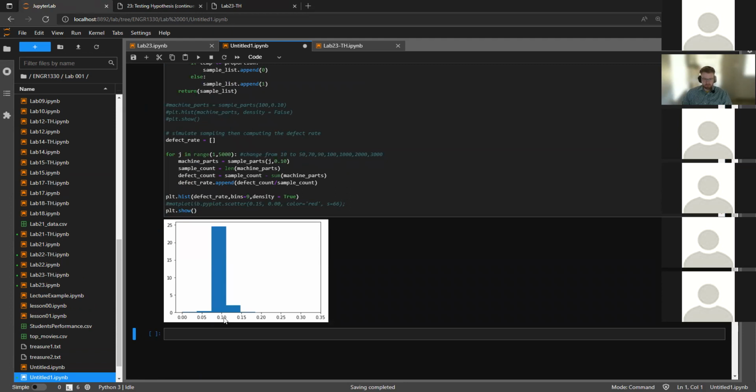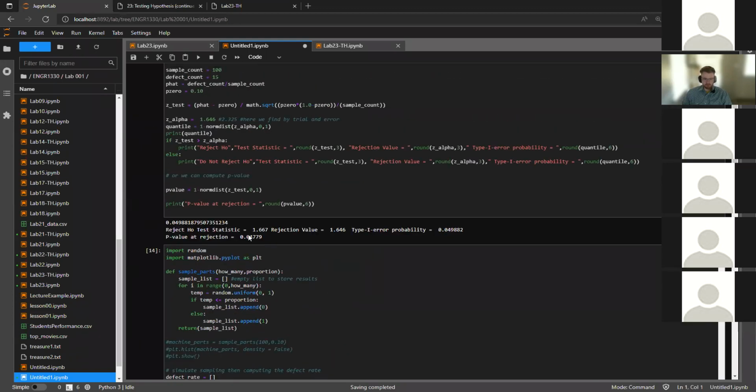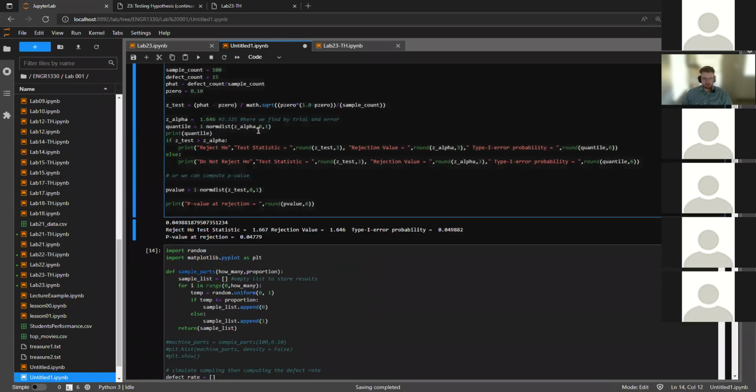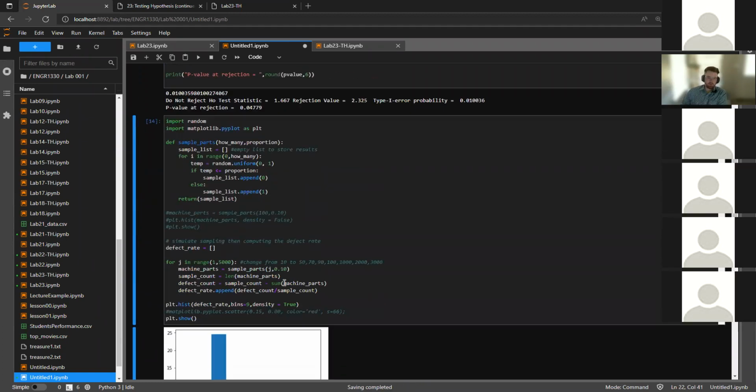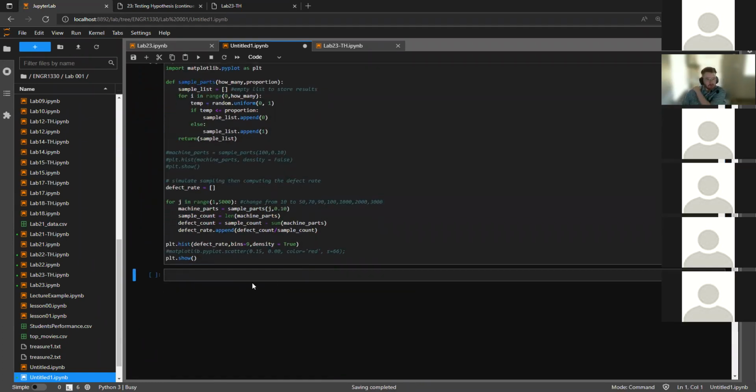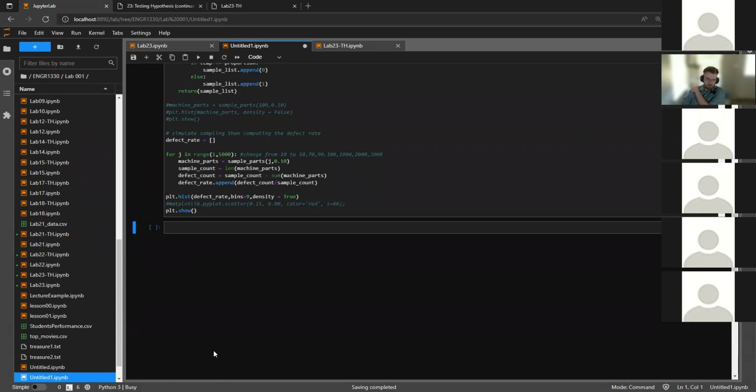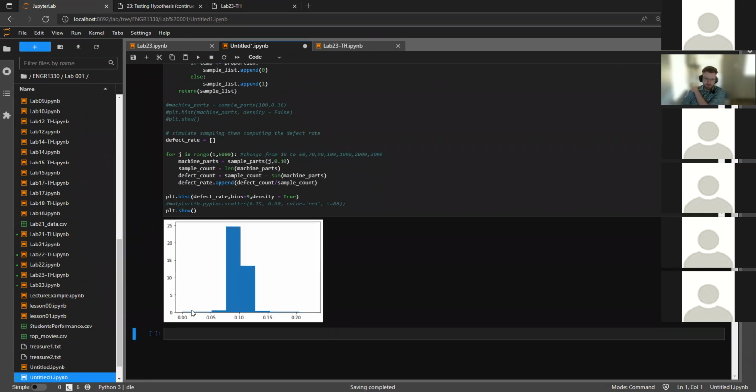So as before, we had, I wish I could get them side by side. Make a note of where the things on the x-axis are. So from 0 to 0.2 is where all the elements are.